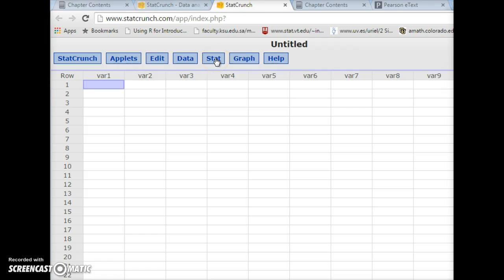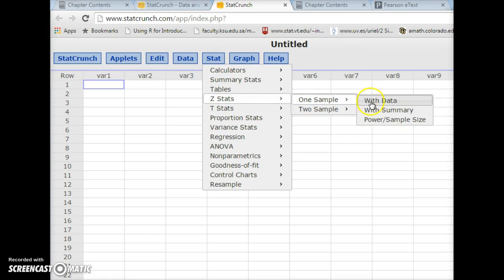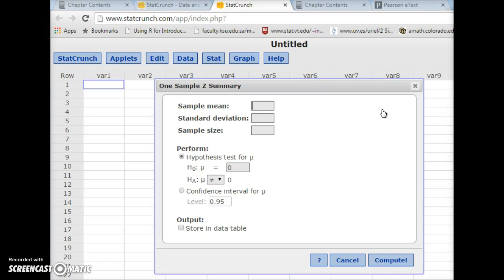Just like the z-test and the z-intervals and the t-interval, we go to Stat, Z Stats, One Sample, With Summary, and then our sample mean is 87.2. Our standard deviation was 15. Our sample size was 25. And we're testing if mu is less than 100. So the null hypothesis is mu equals 100, and then this is less than.